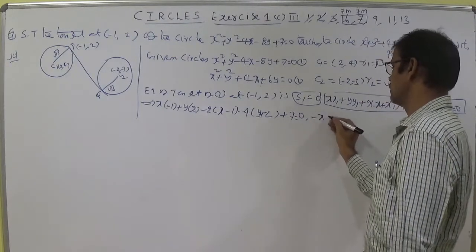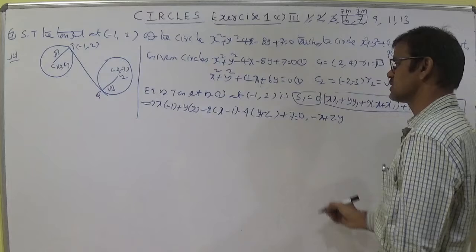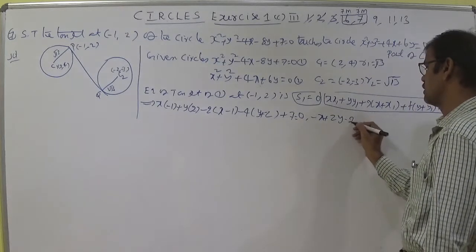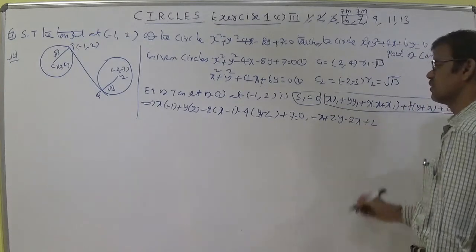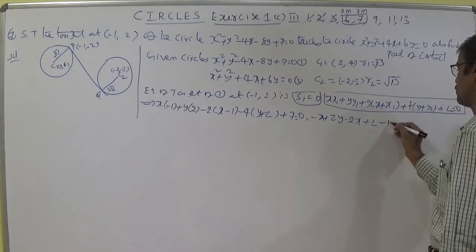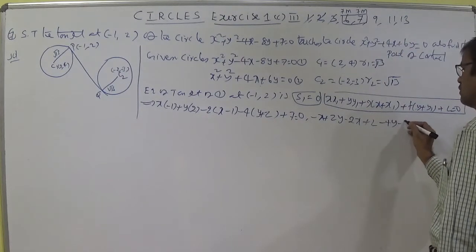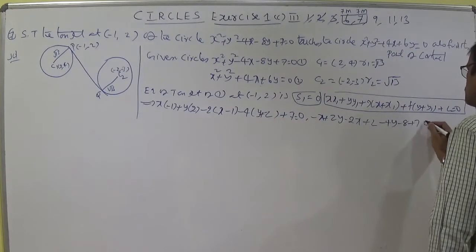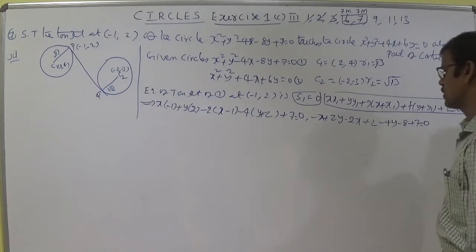We can write this as -x + 2y - 2x + 2 - 4y - 8 + 7 equal to 0, the equation of tangent.